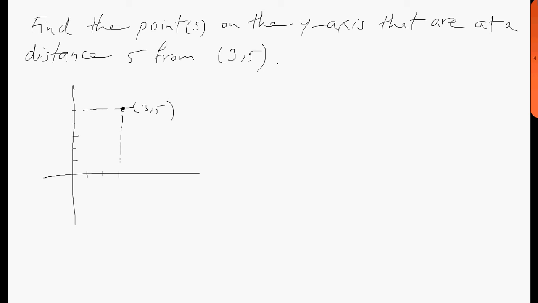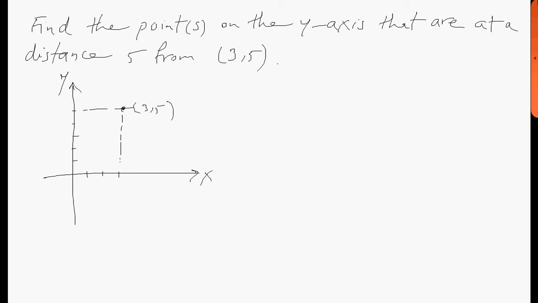And we are interested in finding 2 points on the y-axis such that the distance between that point and this given point is exactly 5 units. First of all, we know that the point that we are looking for is on the y-axis. Since it's on the y-axis, we know that the x coordinate of that point is just 0.